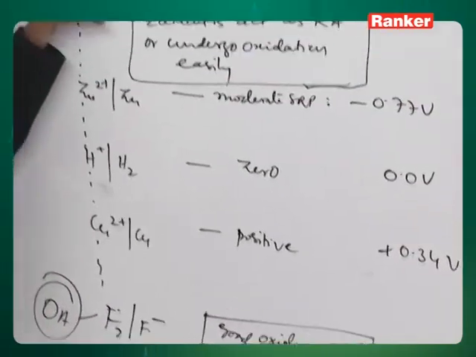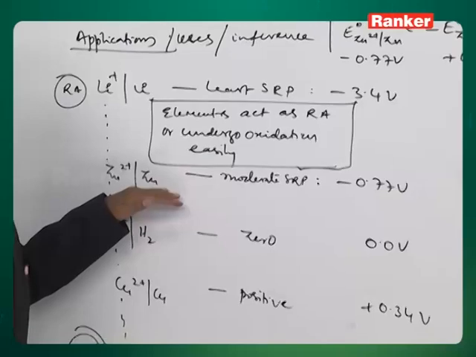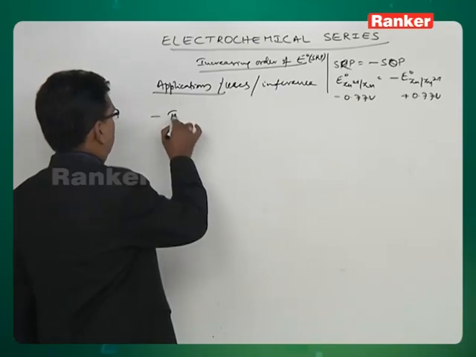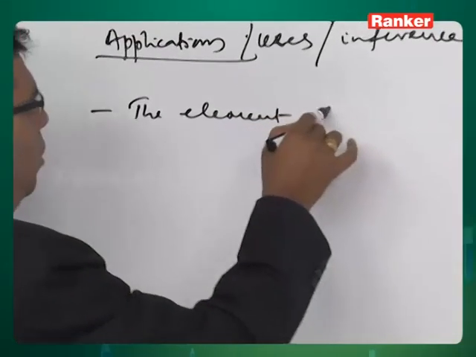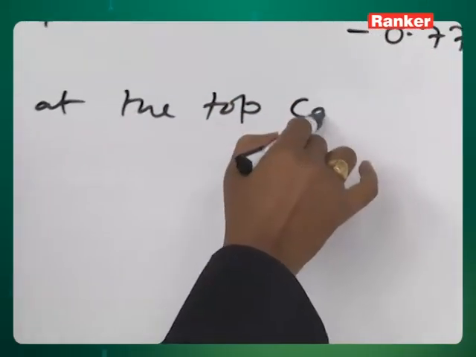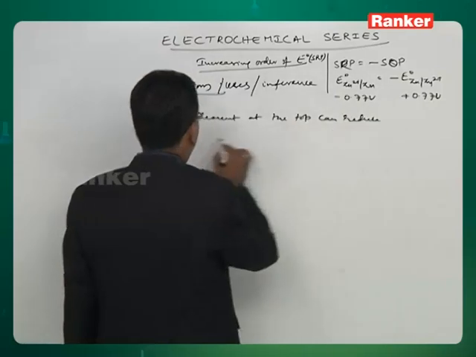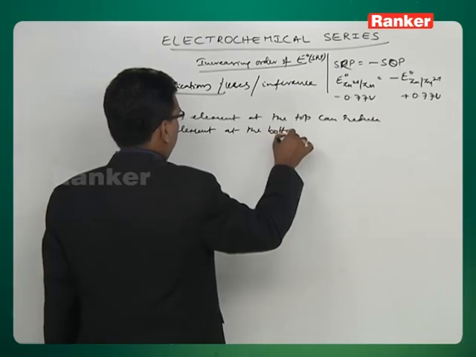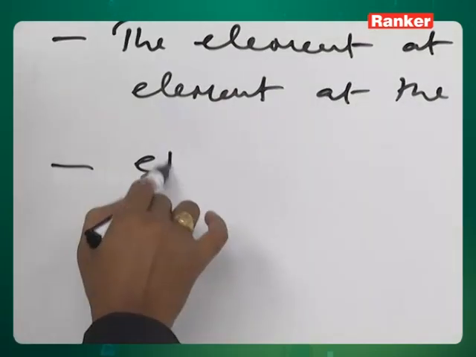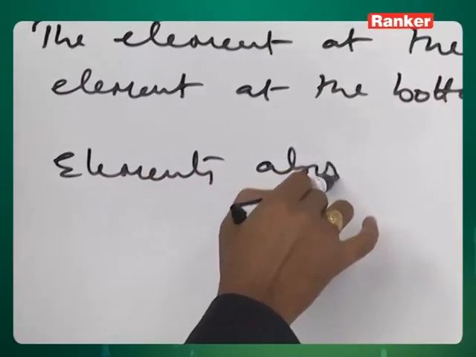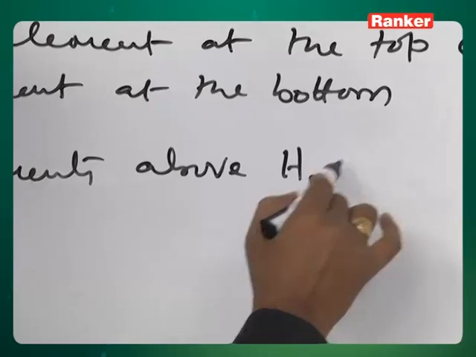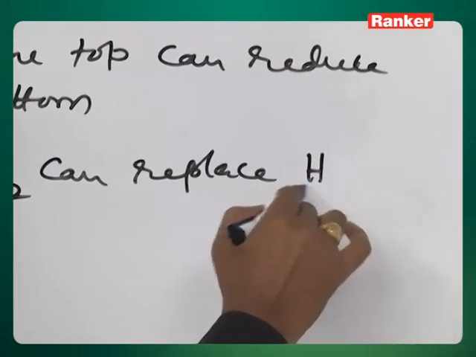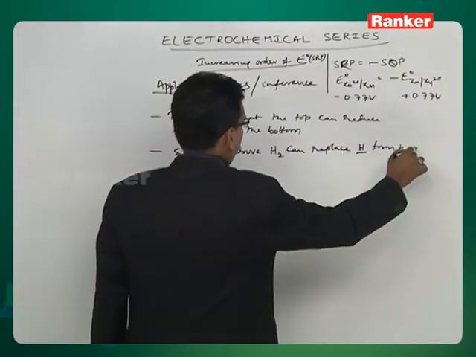The element at the top can reduce the element at the bottom, and also elements above hydrogen can replace hydrogen from the acid.